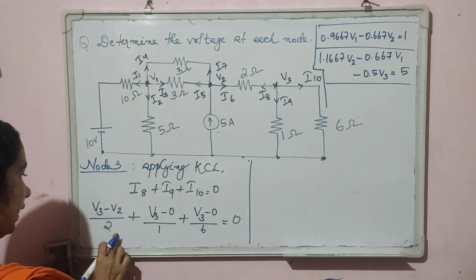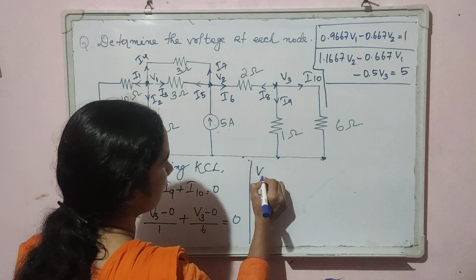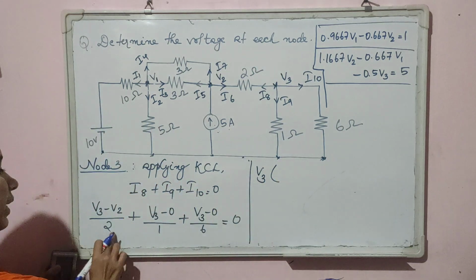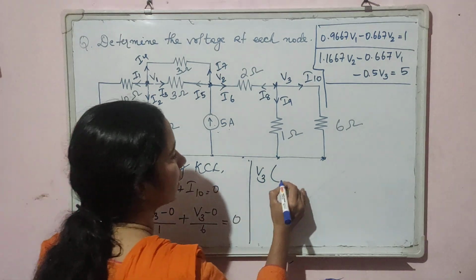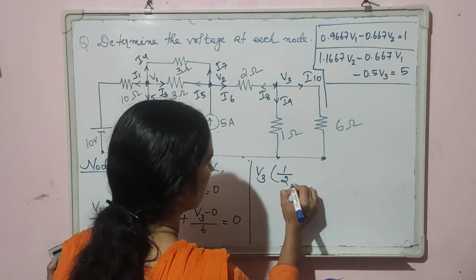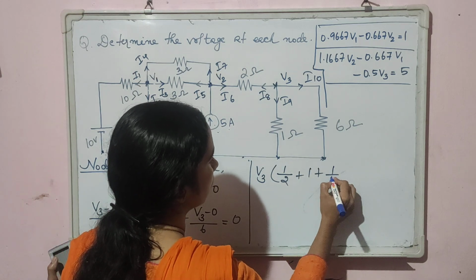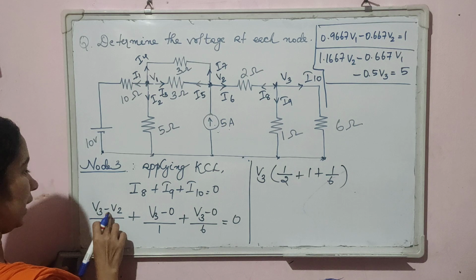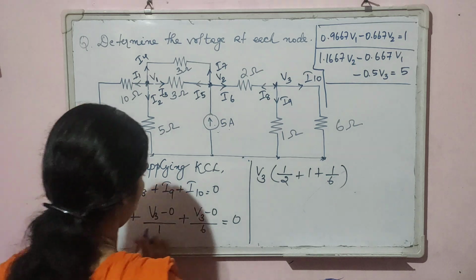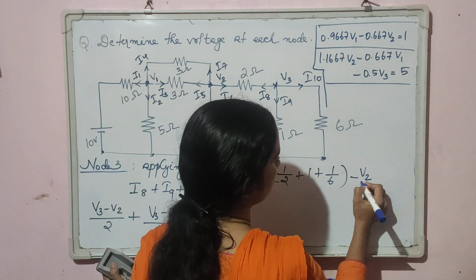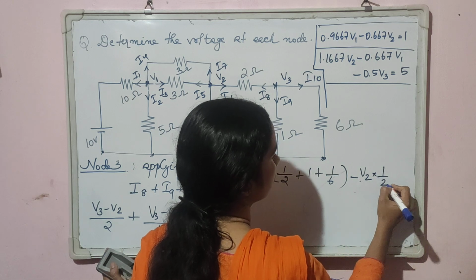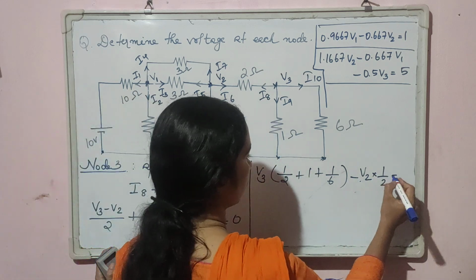Now, taking V3 common outside, V3 into 1 by 2 plus 1 plus 1 by 6, minus V2 into 1 by 2, is equal to 0.